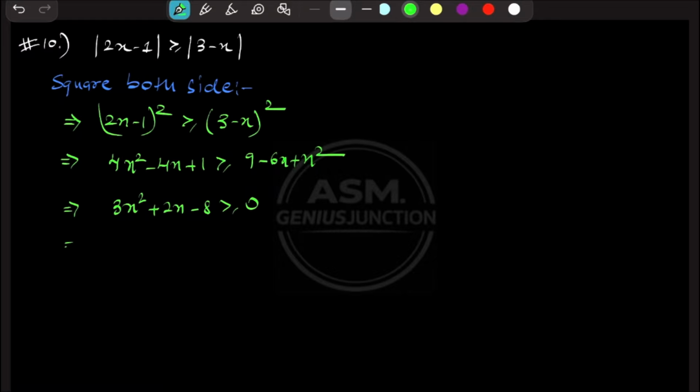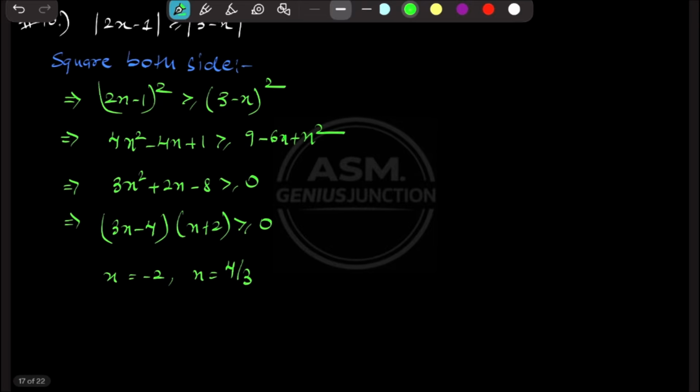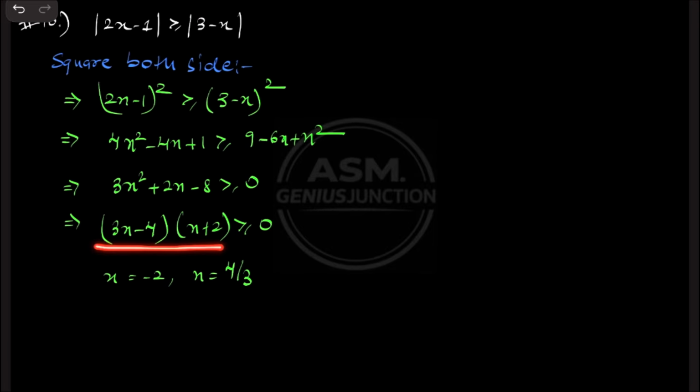Factorize this by using the middle term splitting method. We will get (3x − 4)(x + 2) ≥ 0. By solving this, I will get two answers. One is x = −2 and the other answer is x = 4/3. Now the product of both factors is greater than or equal to 0.